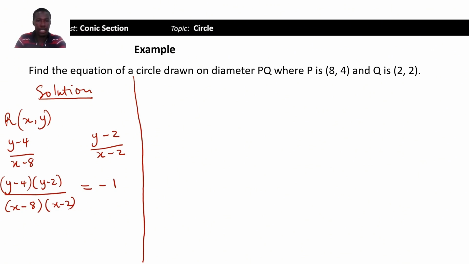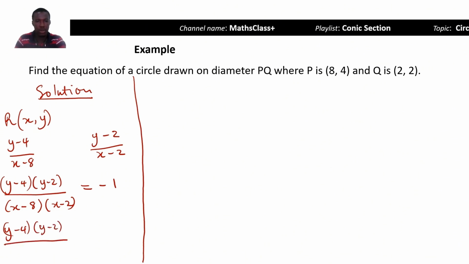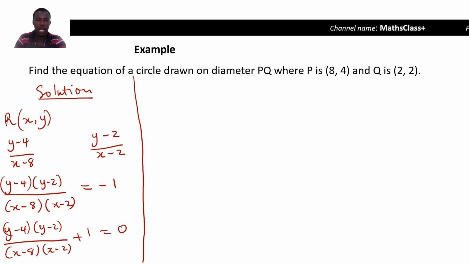So I can rewrite it as (y minus 4)(y minus 2) over (x minus 8)(x minus 2) plus 1 is equal to 0. And now I'm going to multiply through by the LCM.